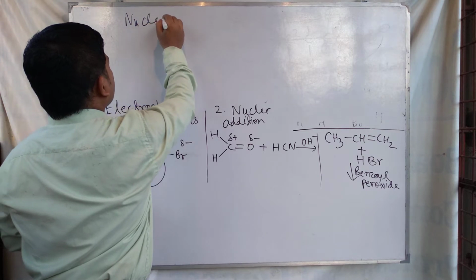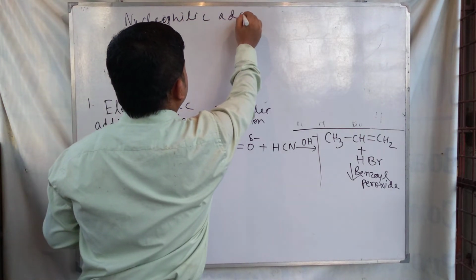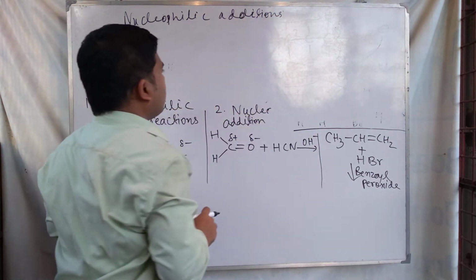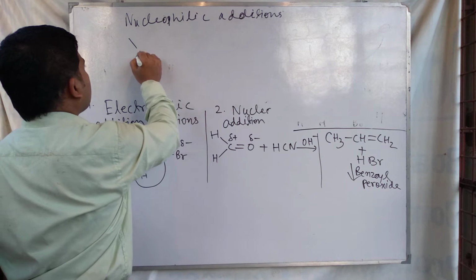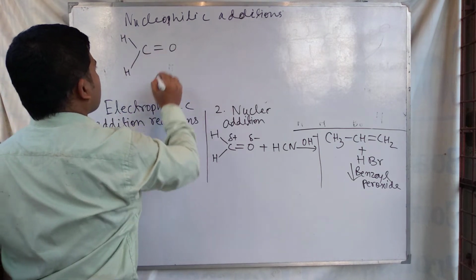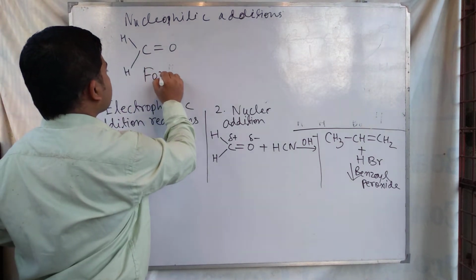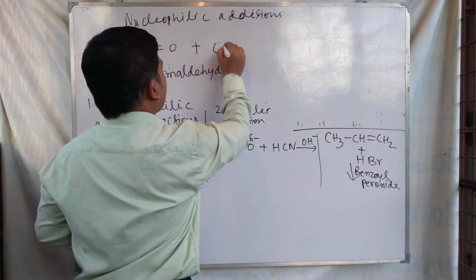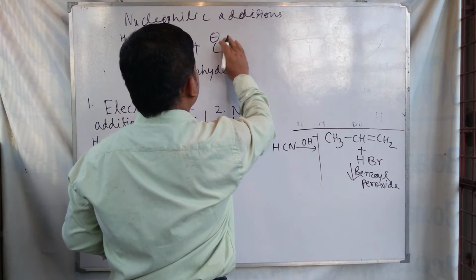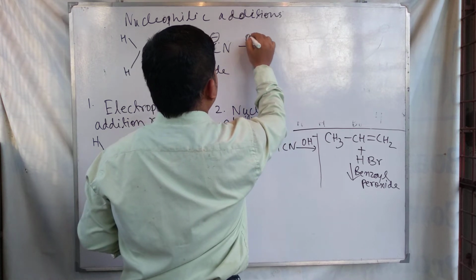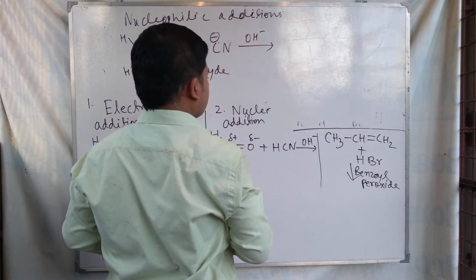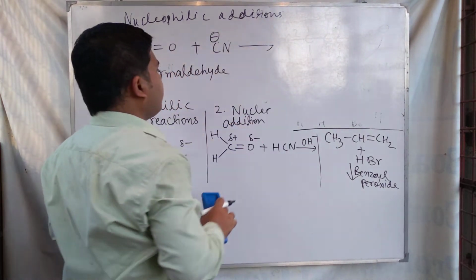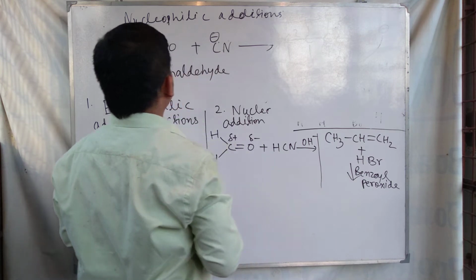For nucleophilic addition reactions, for example, this is formaldehyde and addition of HCN, or CN minus, to this compound.